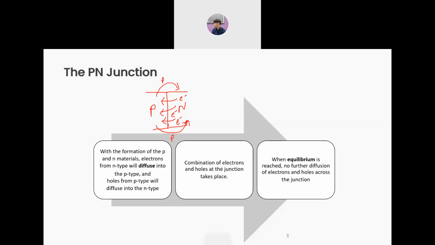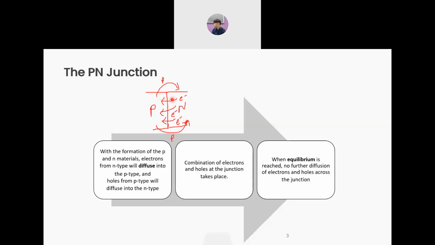Combination of electrons and holes at the junction takes place. There will be a combination of electrons and holes, because electrons are going to this side and holes are going to the opposite side.